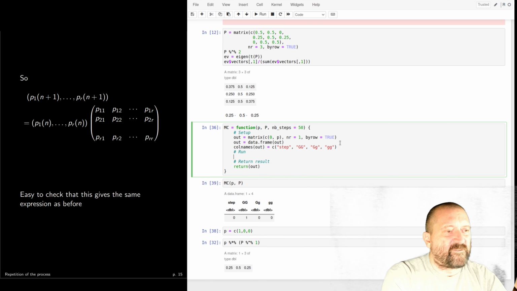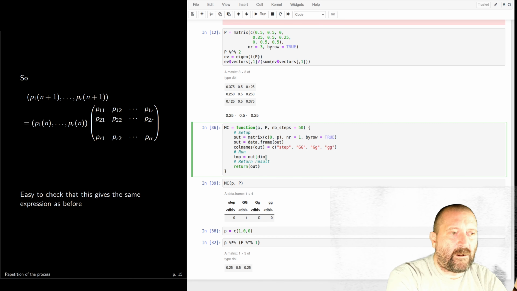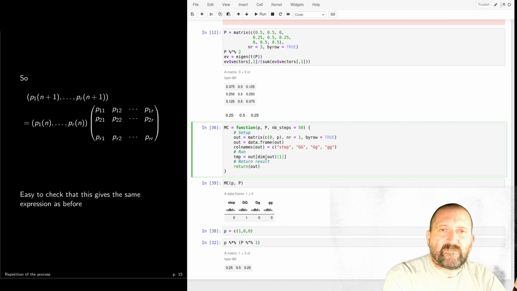So the run is what? I'm going to make a temp vector. And that temp is simply going to be the product that I was taking here. So it's out of the last row of out. At this point I've only got 1, but I'm going to say out of dim of out of 1. That's the last row of out.